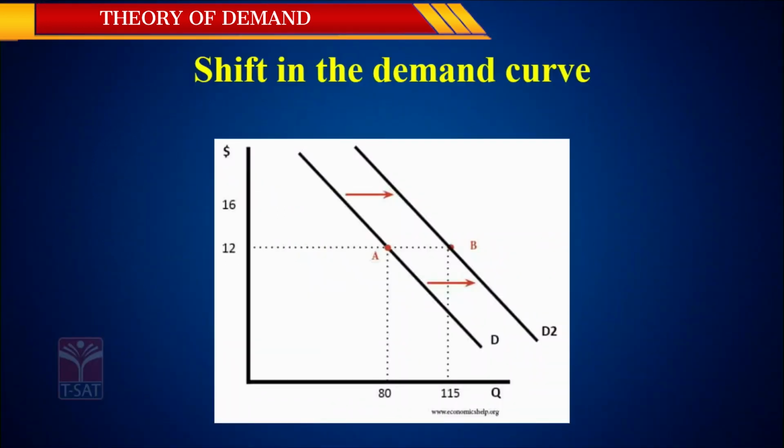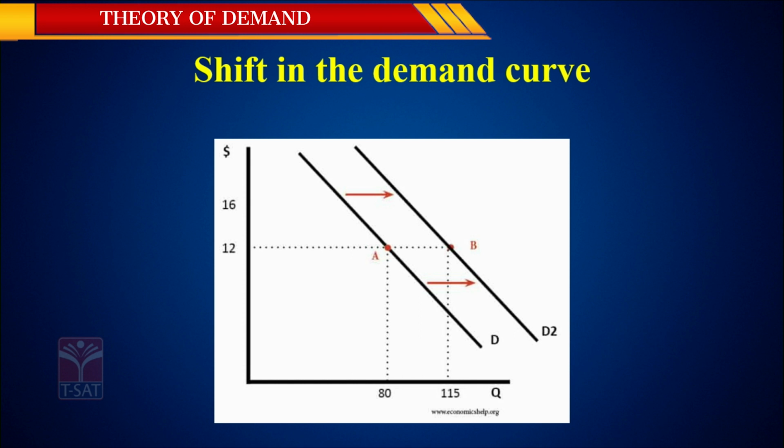When there is a change in demand due to the other factors, or we can say due to the other determinants of the demand, like prices of the related goods, income of the consumer, taste and preferences of the consumer, usages of the product, your demand curve will shift towards the right side.